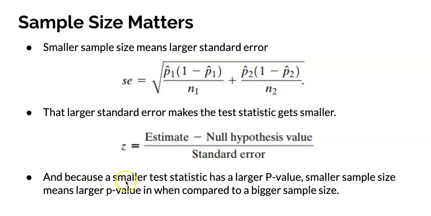Because a smaller test statistic has a larger p-value, a smaller sample size means a larger p-value when compared to a bigger sample size. Now, I think this can be a little bit confusing, because you may get a case like this.